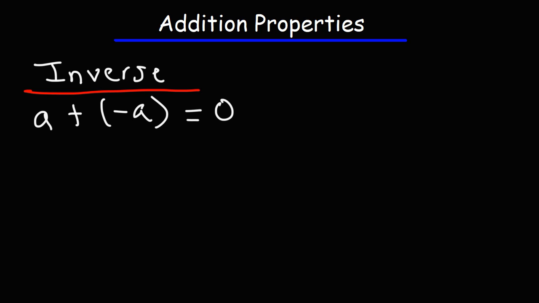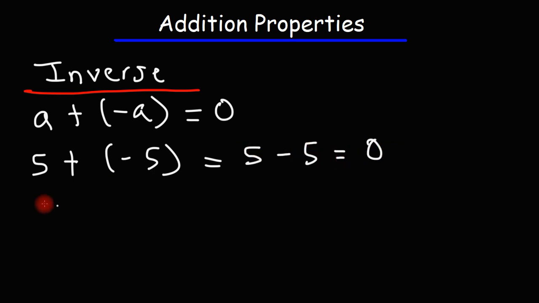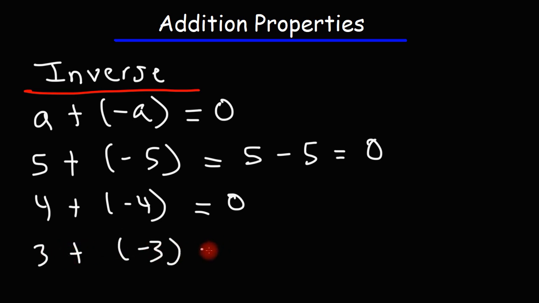They give you a total value of 0. So let's say we have 5 and negative 5. 5 plus negative 5, this is the same as 5 minus 5, which is 0. 4 plus negative 4, they negate each other. They cancel out or add up to 0. 3 plus negative 3, same thing, it's going to add to 0.